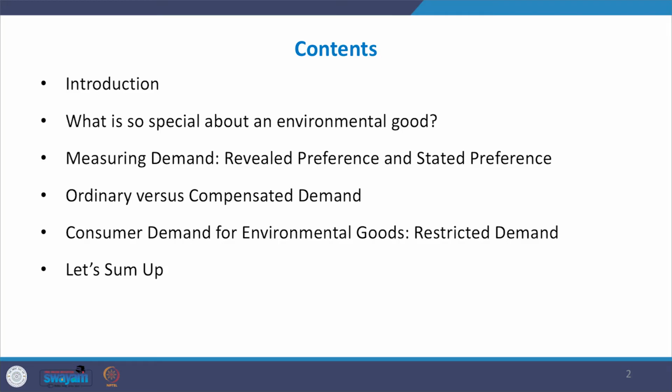In fact, developing the compensated demand is necessary to further study the environmental goods demand. Then you will also study about the environmental goods demand function which is known as restricted demand function, and at the end the lecture will be concluded.